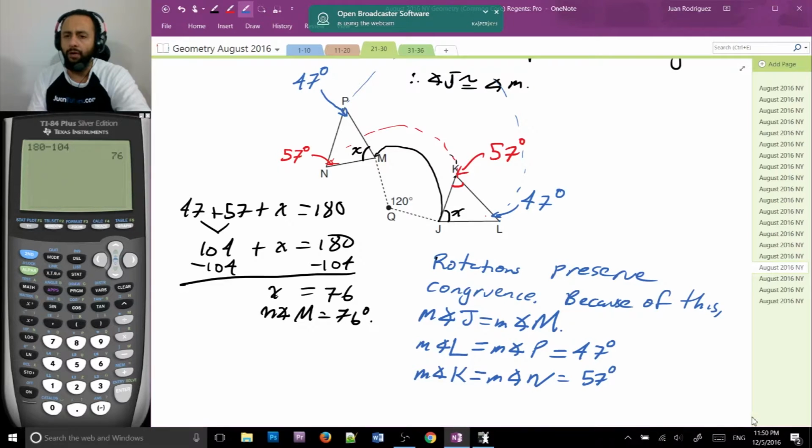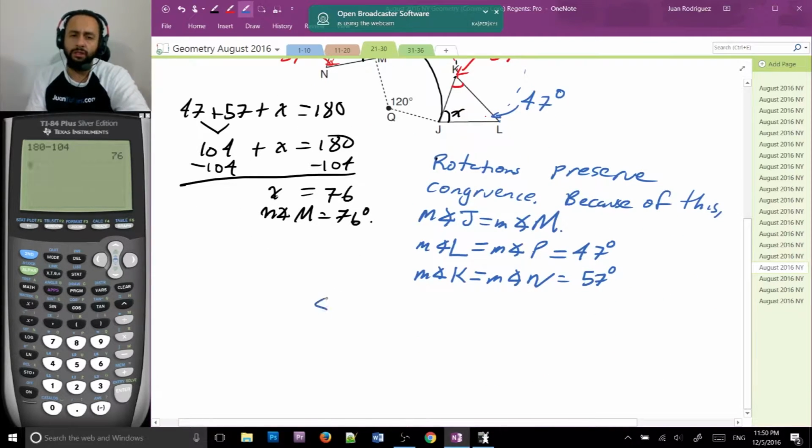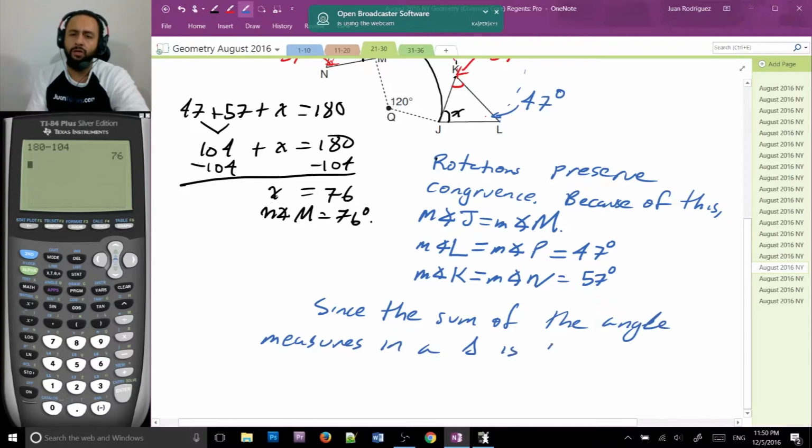There we go. Okay, so since the sum of the angle measures in a triangle is 180 degrees, I can write that 47 plus 57 plus the measure of angle M equals 180.